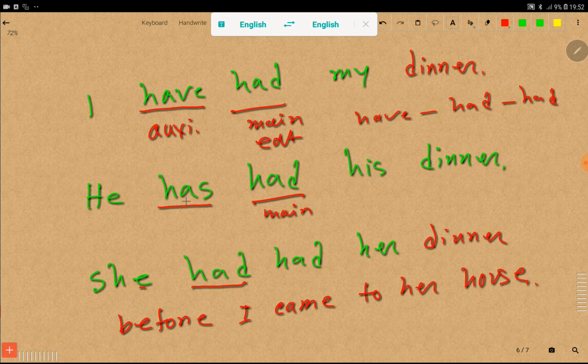This is auxiliary verb, and this is main verb. Here the meaning of this verb is eat. However, look at here, she had had her dinner before I came to her house. This had is auxiliary, but this is main, right? This had is helping this verb to form past perfect tense.